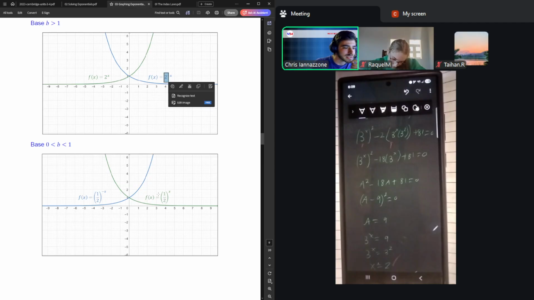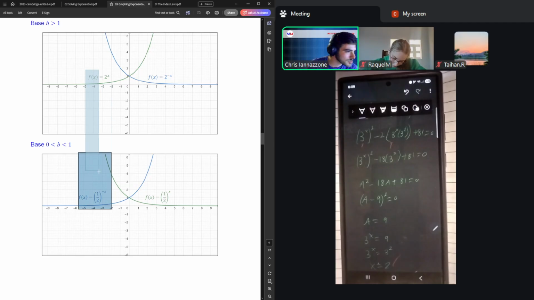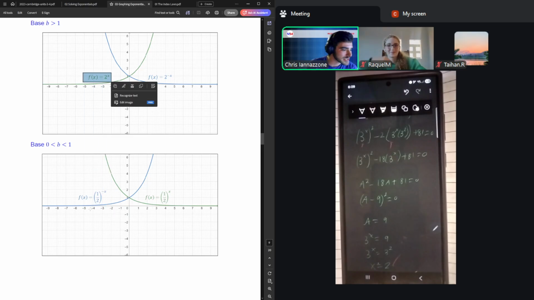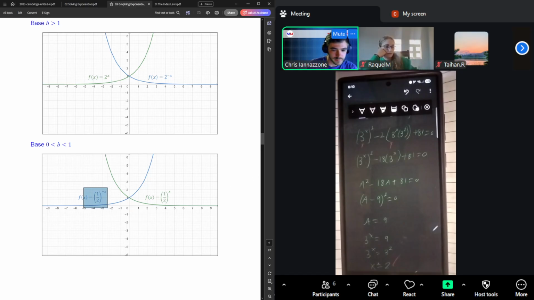In fact, you can even see the relationship between bases, where essentially if one is the reciprocal, so 1 over the other one, the flip of that will be identical to if you had just said 2 to the power of x. So said otherwise, those two, I can't draw a box across the whole thing. Basically 2 to the power of x is literally the exact same thing as a half to the power of negative x. Those are identical.